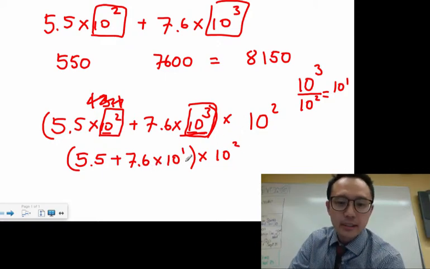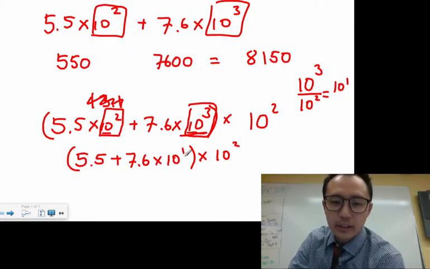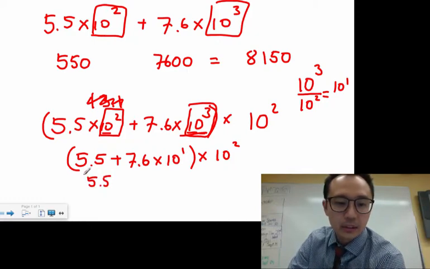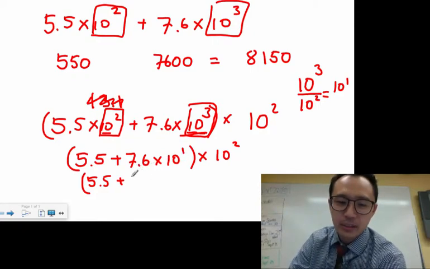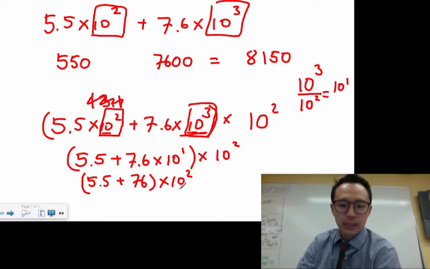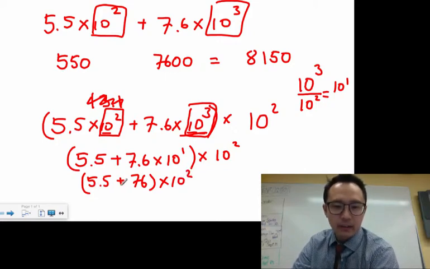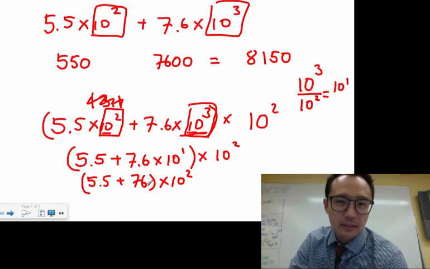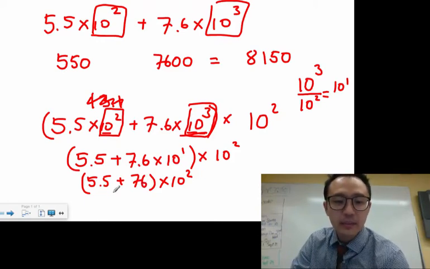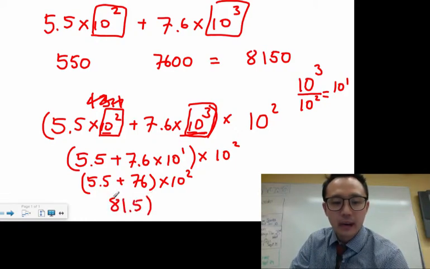The next step, because once you factor, your exponent is a lot smaller, is to put this into long standard form. So 7.6 times 10 is 76, and then times 10 to the power of 2. Now that we don't have scientific notation inside anymore, we can just add. 76 plus 5.5 is 81.5, and we still have this times 10 to the 2.